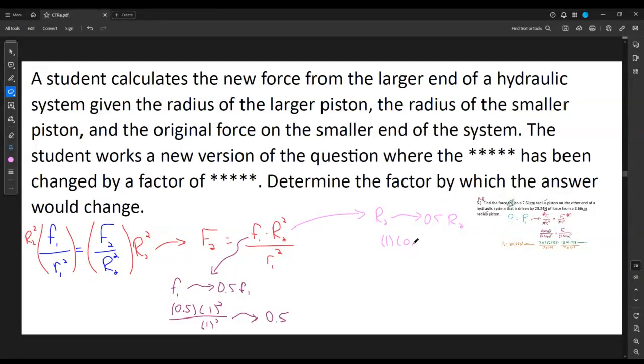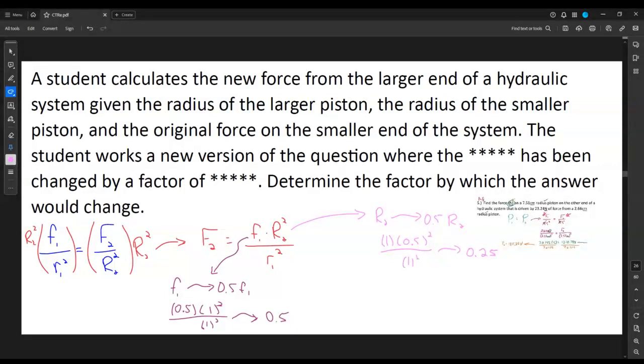Then for this larger radius, it's going to be 0.5. Don't forget that that gets squared because of here. That's related to the original area formula for the circle. Then in this question, the little radius is unchanged, so the ratio itself will make 1, and we can plug in 1 squared. Those 1s aren't going to really do anything here. So we're getting 0.5 times 0.5. Basically, the factor is squared. And for my simple number, that just makes 0.25.